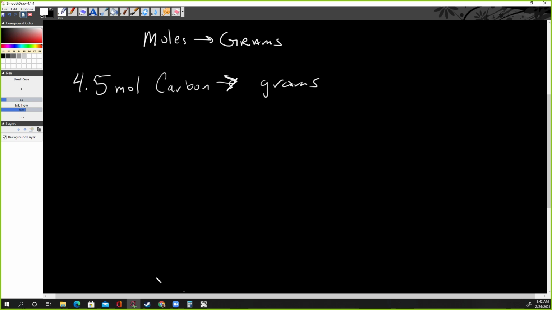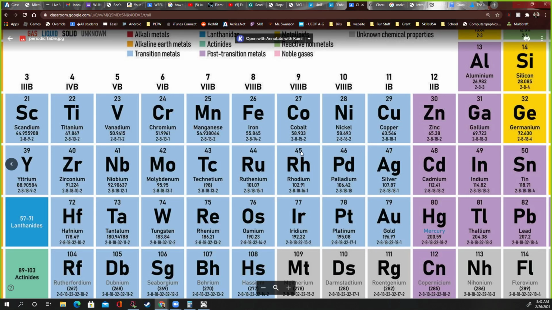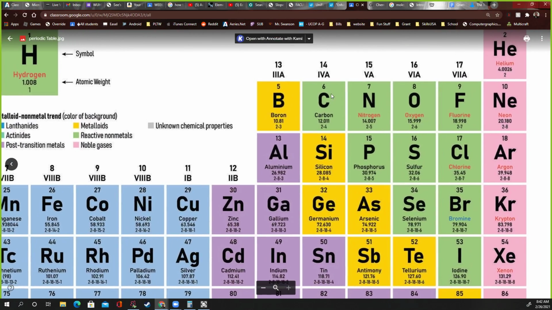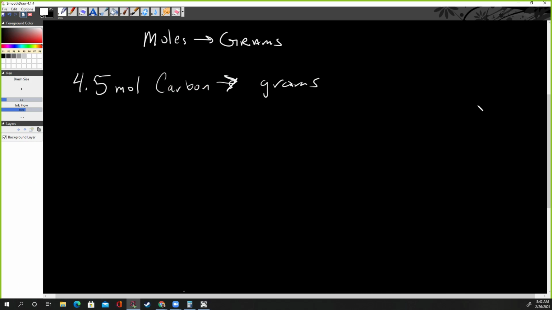Well, the first thing you're going to do is go over to the periodic table, and you're going to go, where's carbon? Here it is, right here. It's 12.011. This is for carbon, by the way. I just looked it up. Grams per mole.